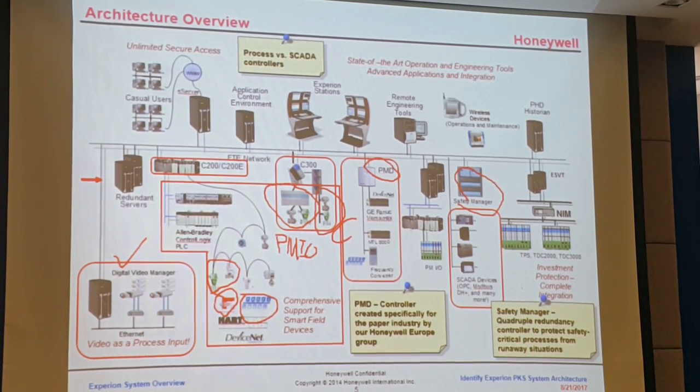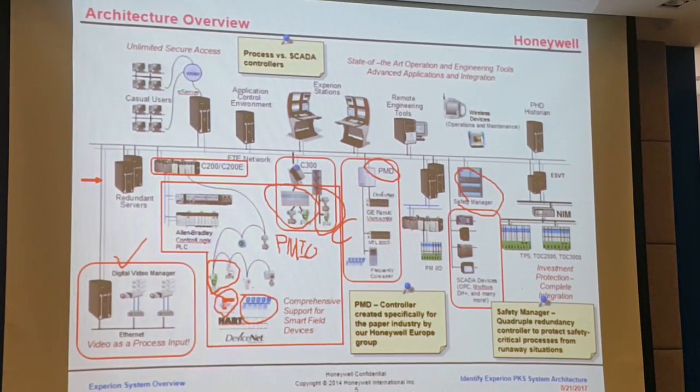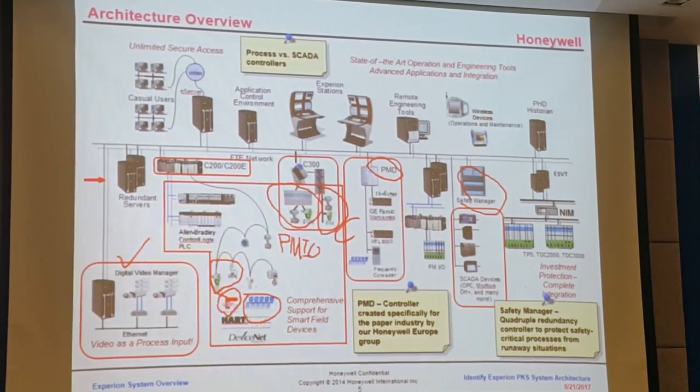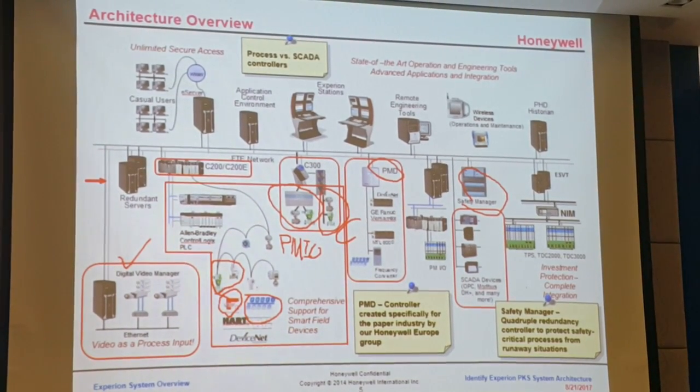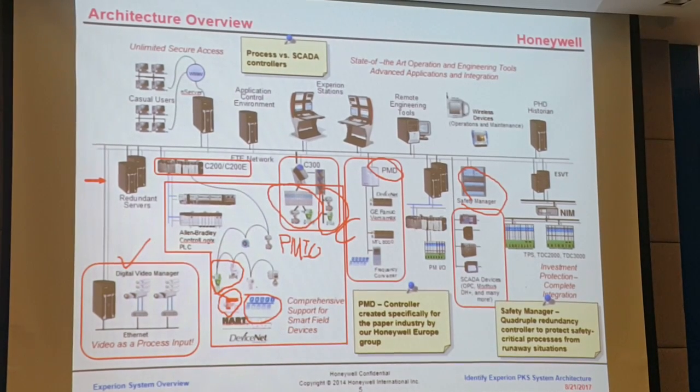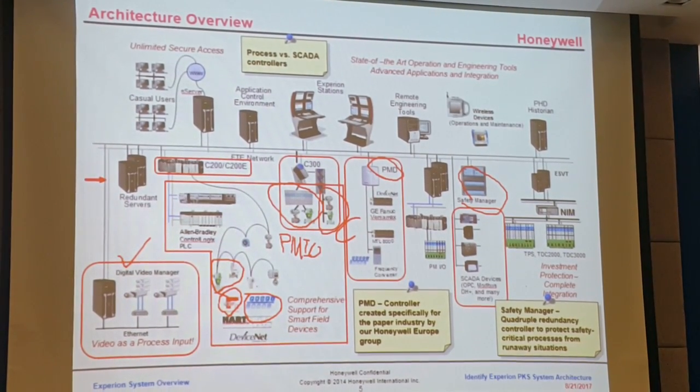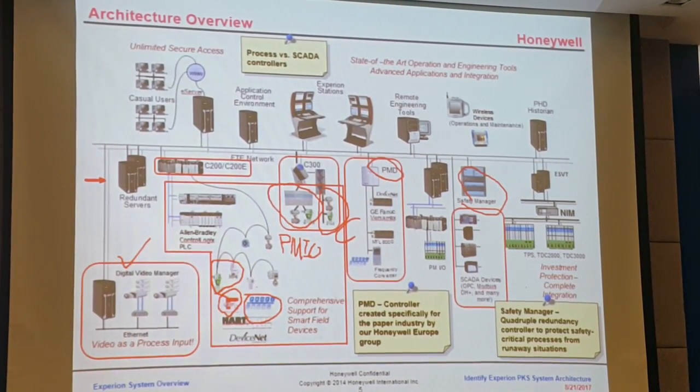As an operator at a station, you can call up the graphic that has the live window into something happening in your process. The DVM was created to be efficient in its supply of live video to the server.